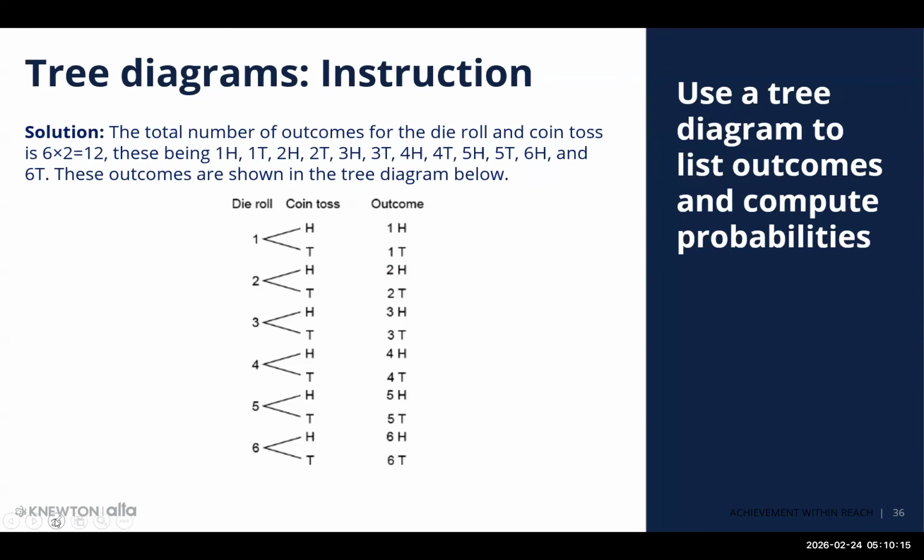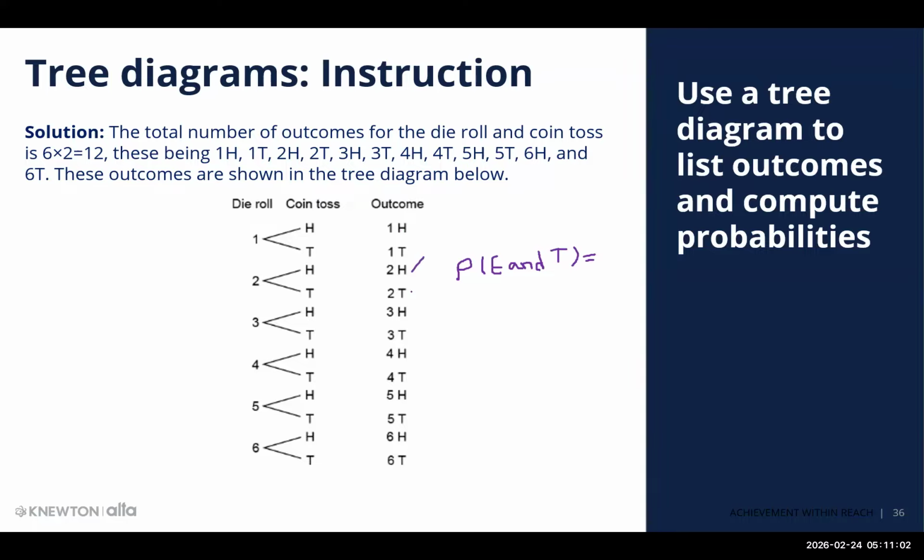And again, you can ask questions about probability. Let's just do one here. Let's say, what's the probability of rolling an even number and rolling tails? Let's just list it this way. Okay, so you can look for the ones that have an even number.